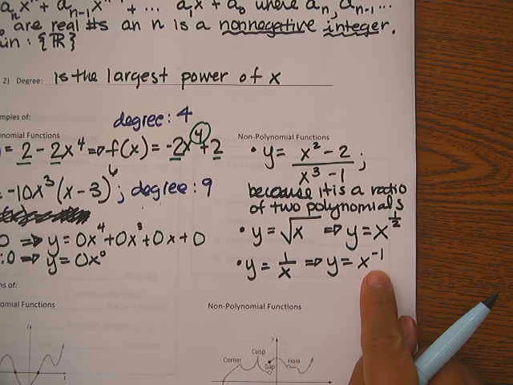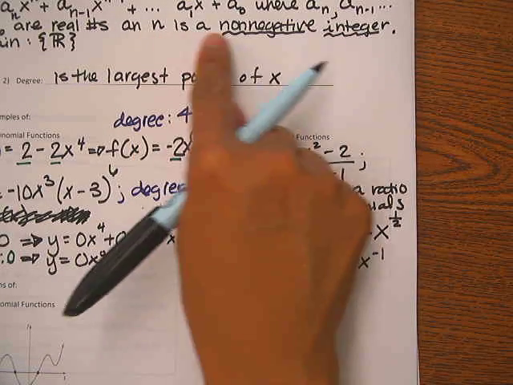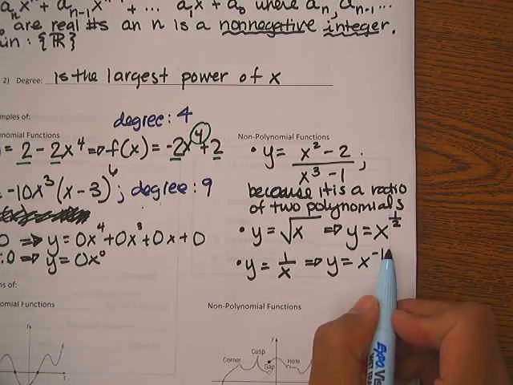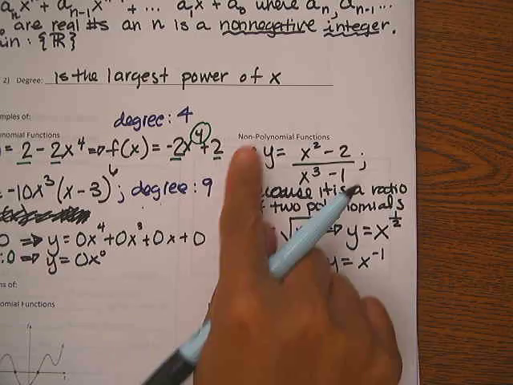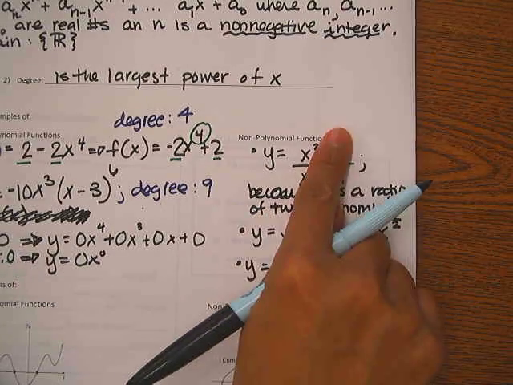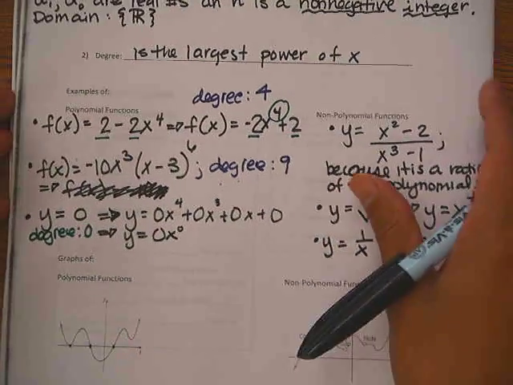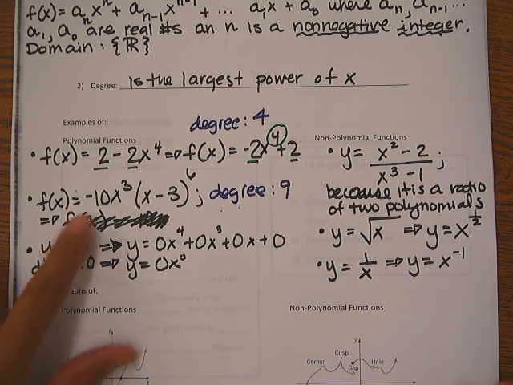And remember, there's an issue because all of my exponents, all of my n, have to be non-negative. This is a negative number, so therefore that's going to give me an issue with being a polynomial. So all three of these are non-polynomials, and pretty much anything that doesn't have fractions or negative exponents will give you a polynomial.